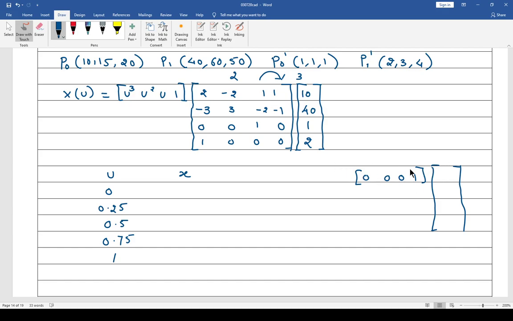Only the U will be changing. Okay, so Atharva got the answers also. Okay, so minus 57, 86, 110. So I suppose this is the matrix, Shruti. Okay, great.